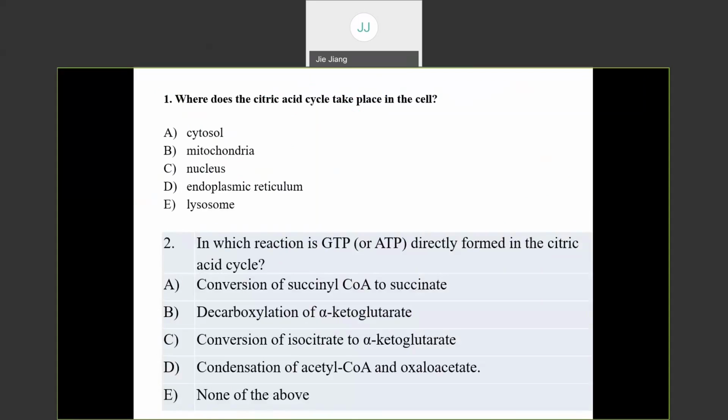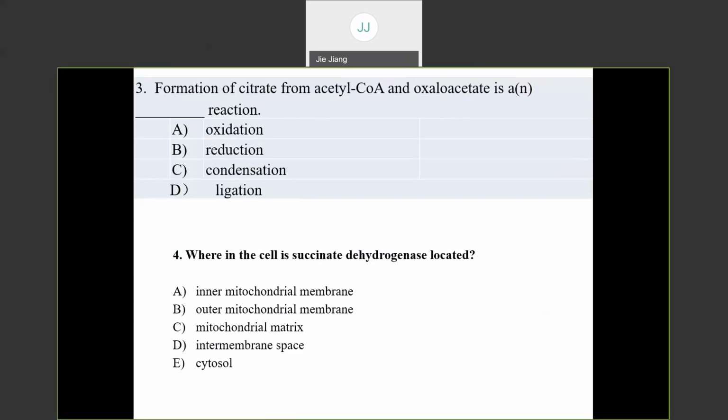Exam 3 will only cover chapter 11, chapter 15, and chapter 16. Chapter 17 will be in exam 4. Okay. These problems are pretty straightforward. You can go back and find the answers.